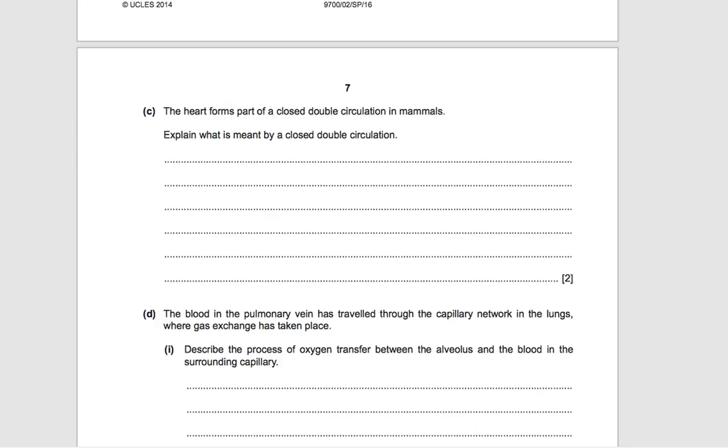So in the right side of the heart, the oxygen-poor blood is pumped into the lungs, and then at the alveoli, gas exchange takes place, and blood returns to the left side of the heart via the pulmonary vein, and then that oxygen-enriched blood gets pumped around the body through the aorta.